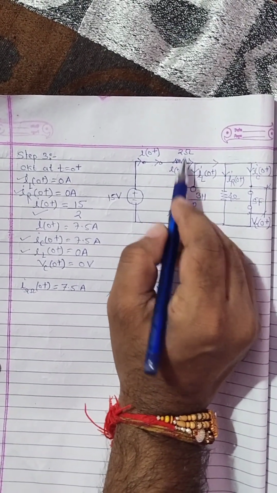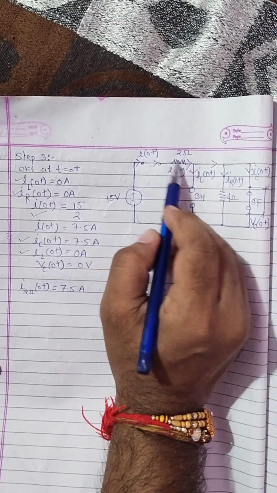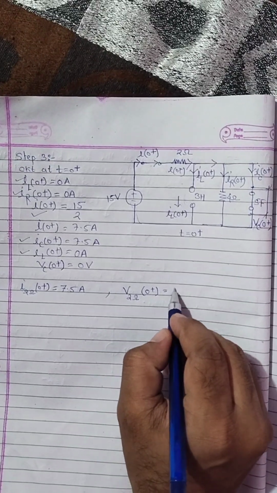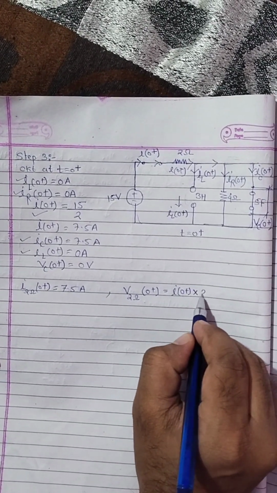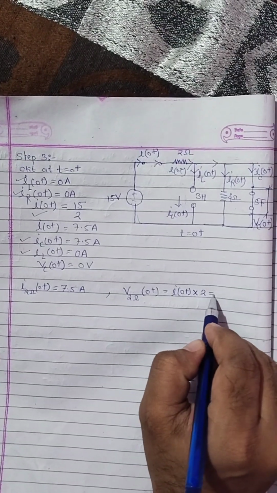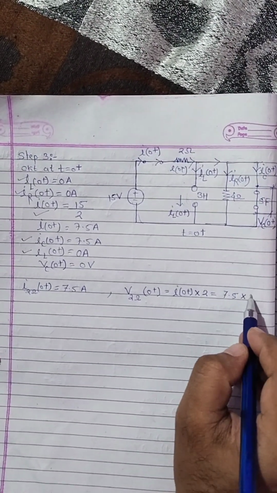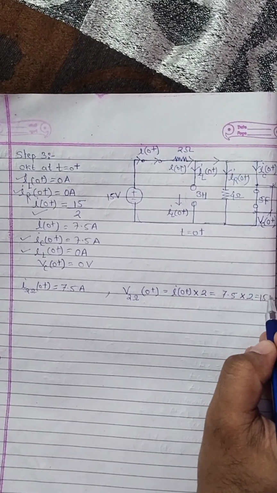In this 2 ohm resistor there is a current of I0+ and the resistance is 2. So V2ohm 0+ is I0+ into 2. So I0+ is 7.5 into this 2 ohm equals 15 volt.